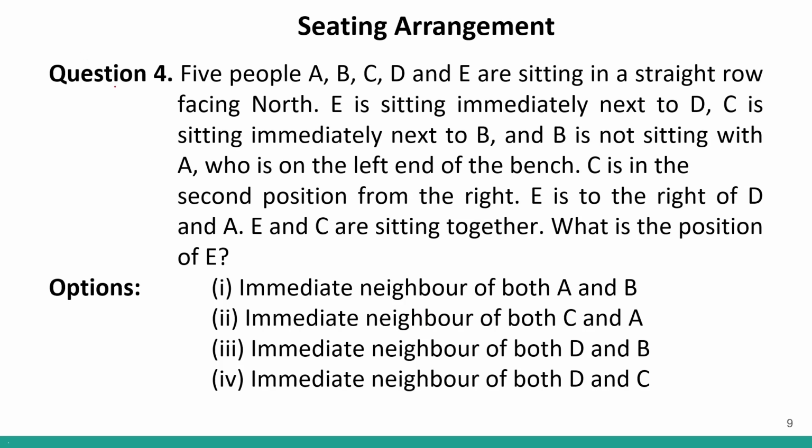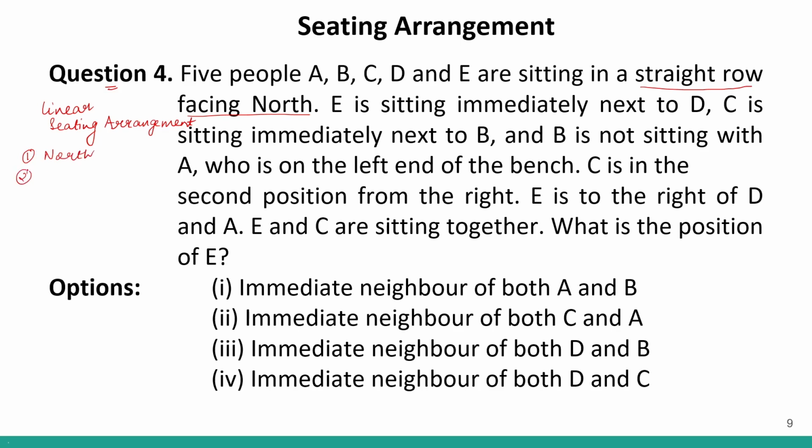Now, moving forward to question number 4. 5 people A, B, C, D, E are sitting in a straight row facing north. So this is a linear seating arrangement question, correct? In linear seating arrangement, I also told you that there are 3 possibilities. First possibility is everybody is facing north.